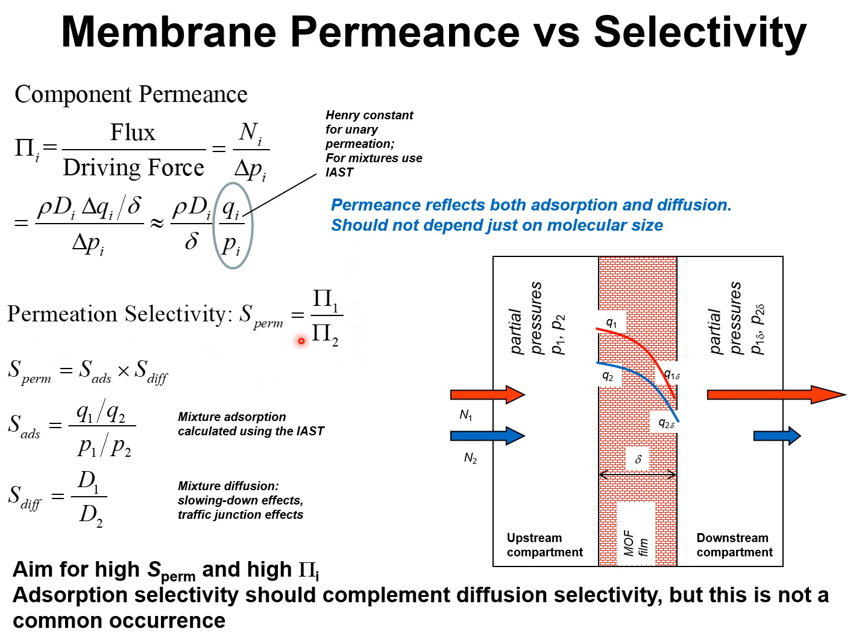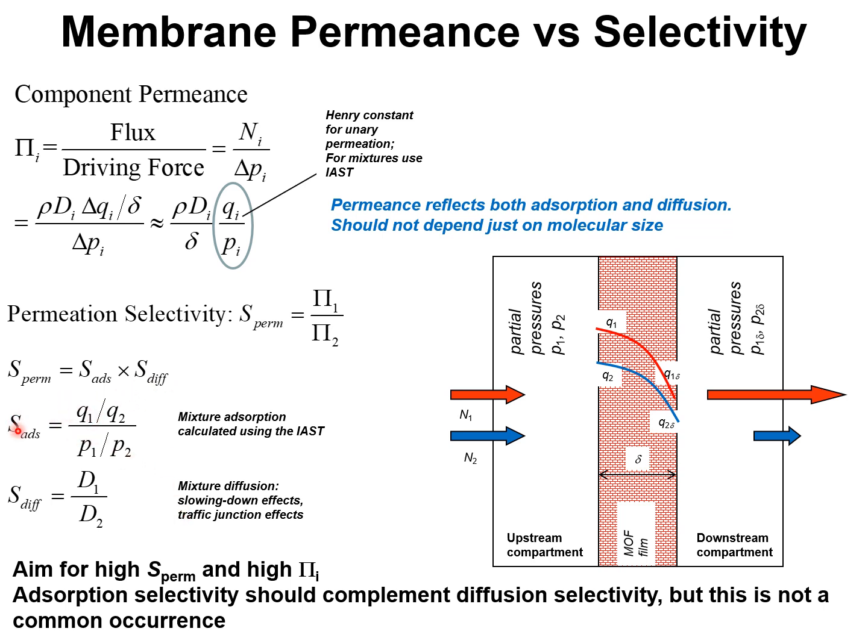The permeation selectivity can be written as the ratio of the permeance of component 1 and the permeance of component 2. And it's easy to see that this ratio can be rewritten as a product of the adsorption selectivity and the diffusion selectivity.